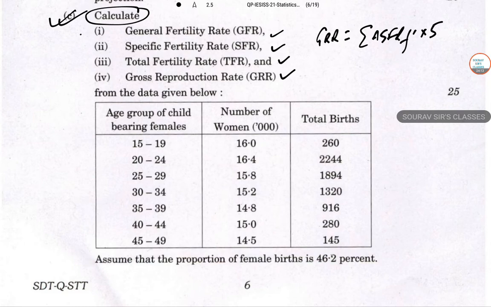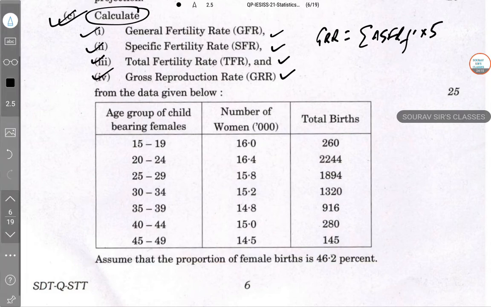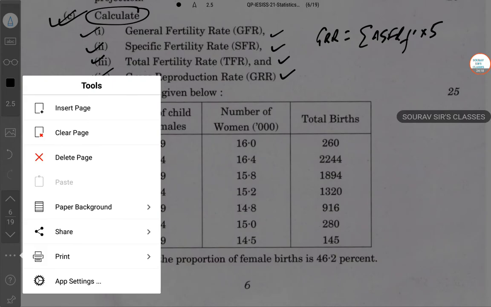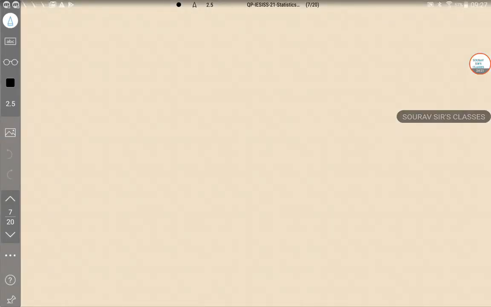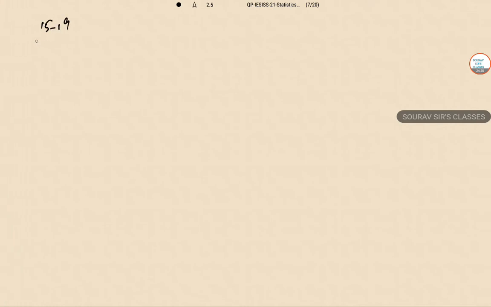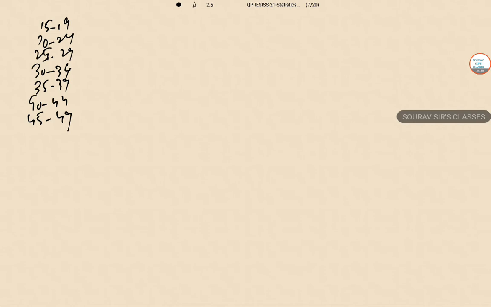Okay, we can choose to solve this question as well. Let me just add a page. The first one is the data. The ages are 15 to 19, 20 to 24, 25 to 29, 30 to 34, 35 to 39, 40 to 44, and 45 to 49. The number of women given is 16, 16.4, 15.8, 15.2, 14.8, 15 and 14.5.